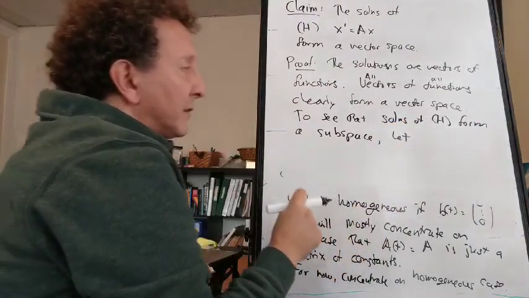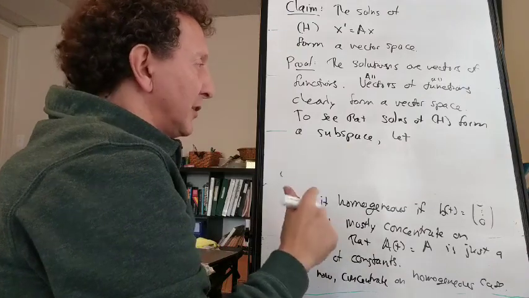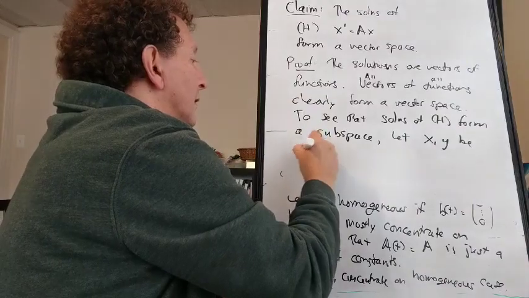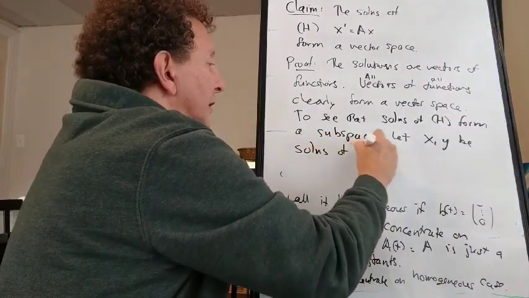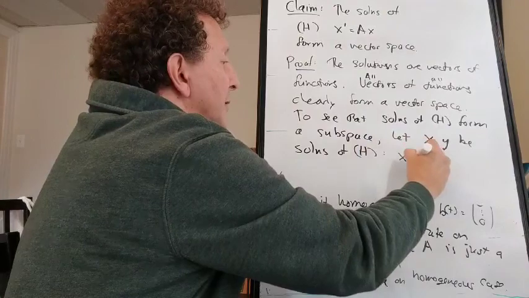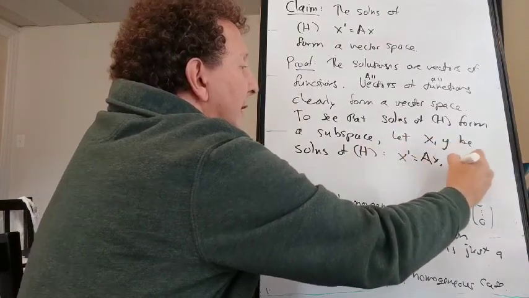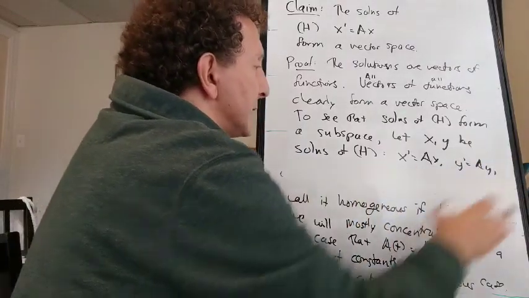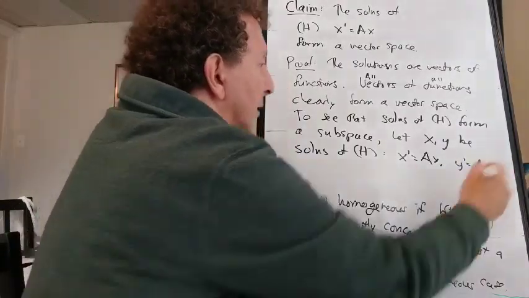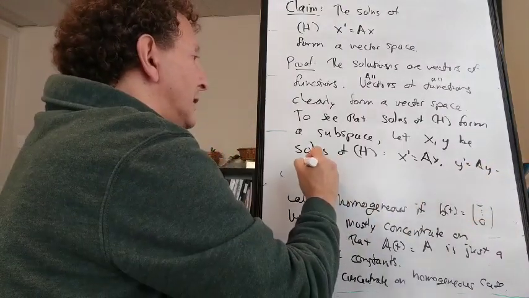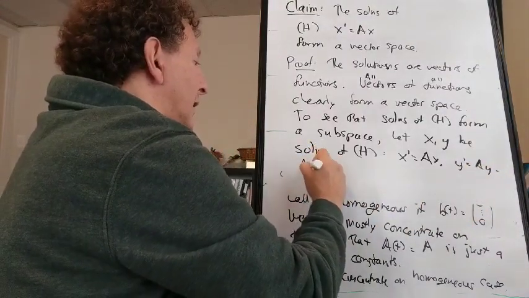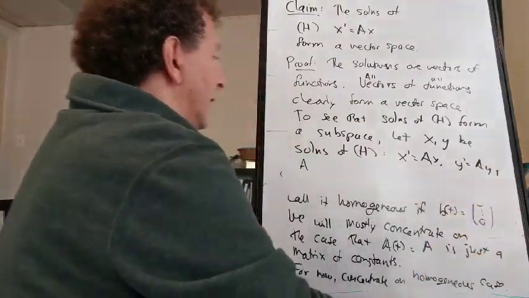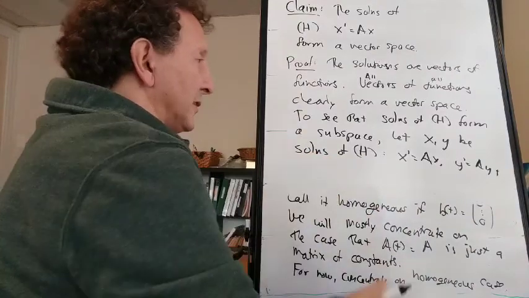So we just need to show that it's closed under scalar multiplication and addition. So let's let x and y be solutions of H. So x prime equals Ax and y prime equals Ay. And let's consider all linear combinations of those.